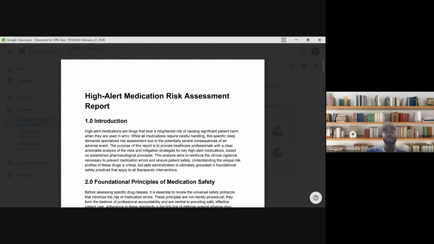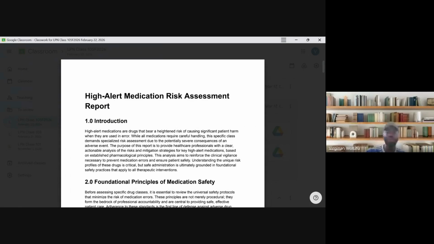High alert medications are drugs that pose a very high risk of causing significant patient harm if an error occurs during administration. So when administering these medications, we need to adhere to the principles of medication safety and handling.